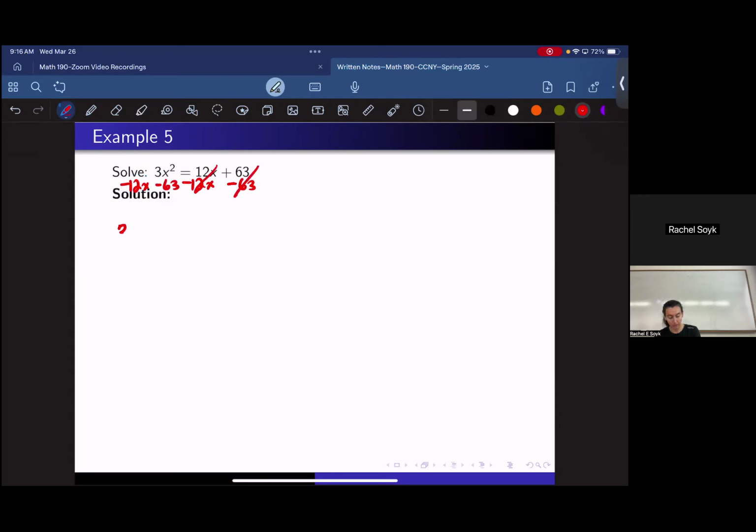So we're looking at 3x squared minus 12x minus 63 is equal to 0. And we can pull out a greatest common factor. If we pull out 3, then we're left with x squared minus 4x minus 21, which is a bit easier to factor.